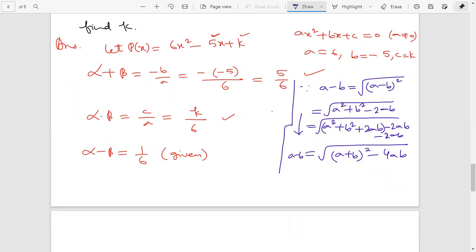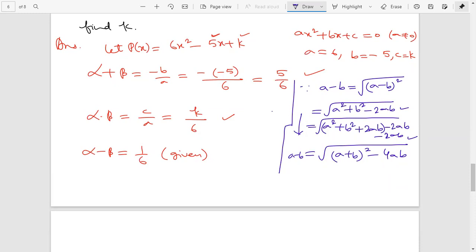In the third step, we add 2ab and subtract 2ab: a square plus b square plus 2ab minus 2ab minus 2ab. Earlier it was one time minus 2ab, not two times. So it is a plus b whole square minus 4ab.